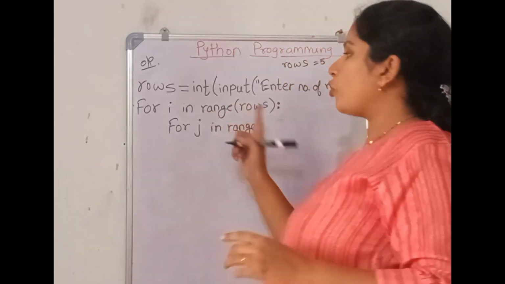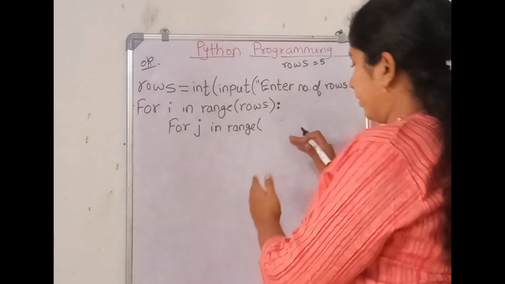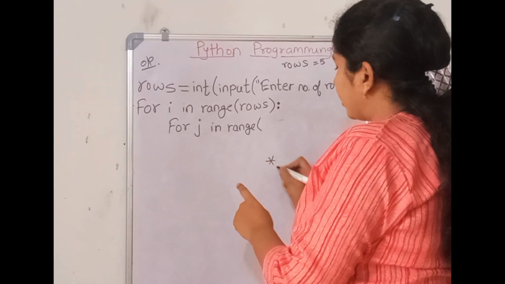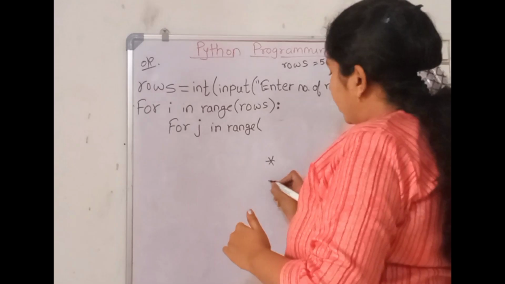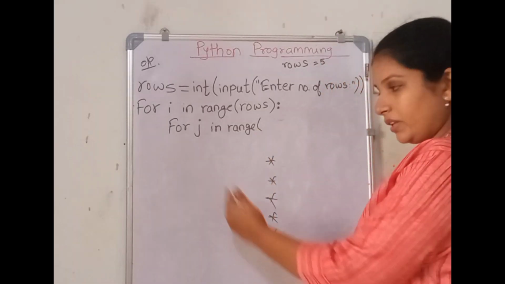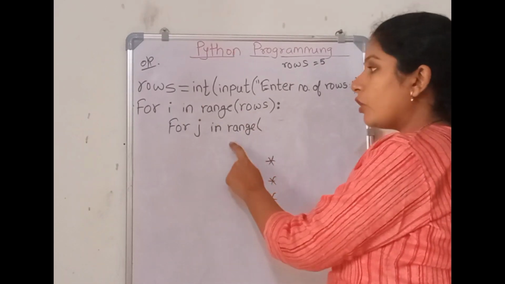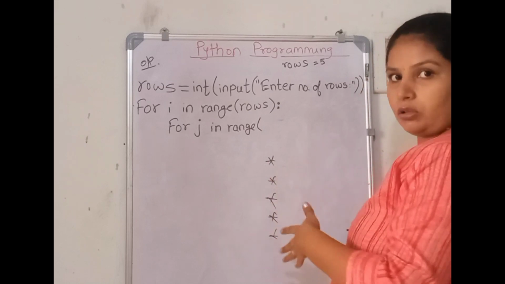Rows we have already taken. We know how many rows we want till now. So if you are starting with 1, it goes 1, 2, 3, 4, 5. So we know that 5 rows we want. So that limit we have taken here. But what about this? This is for column.